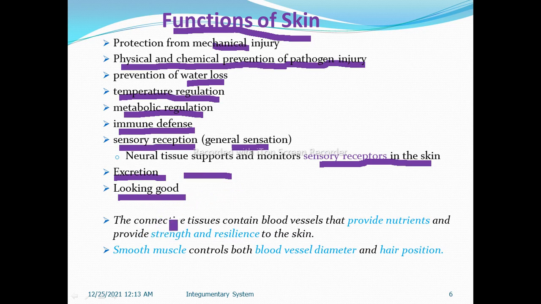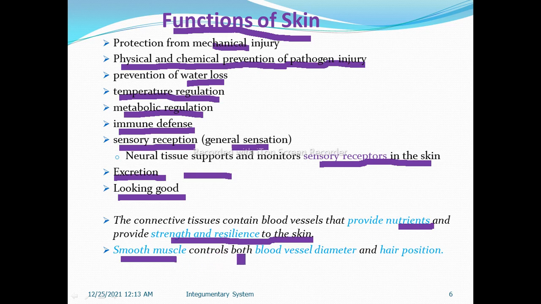The other is connective tissue. The connective tissue contains blood vessels that provide nutrients to the skin, and it also provides strength and resilience to the skin. Then there is also smooth muscle in the skin.